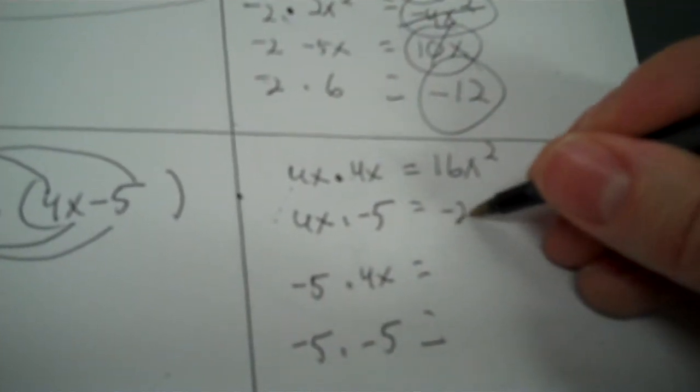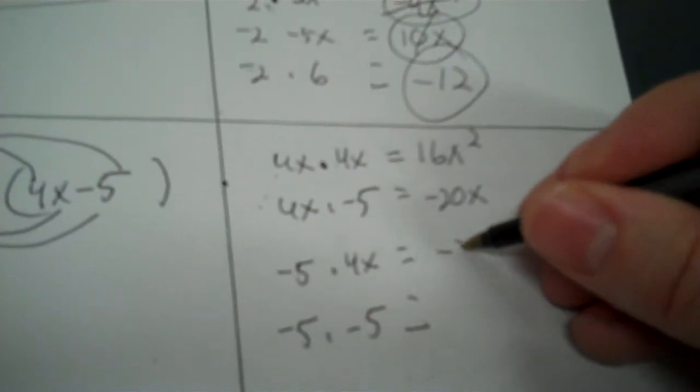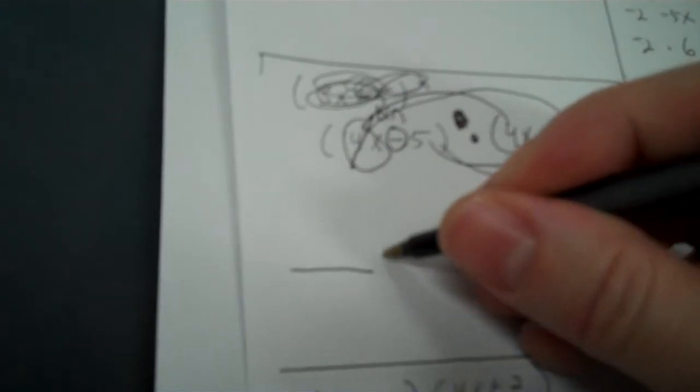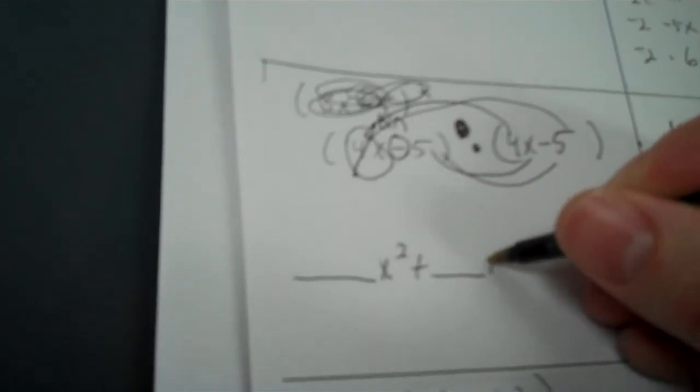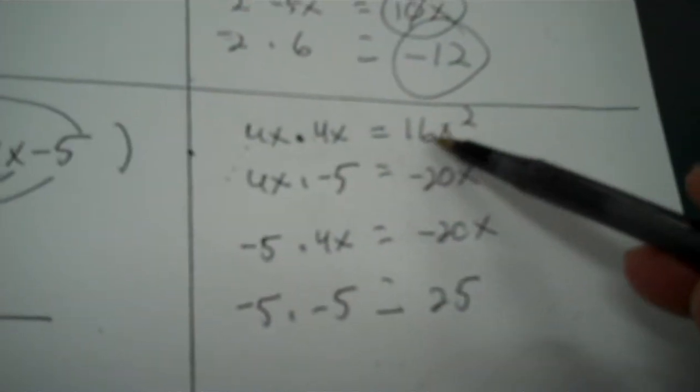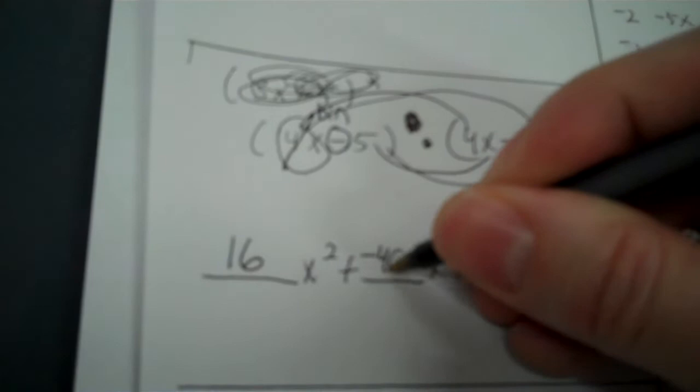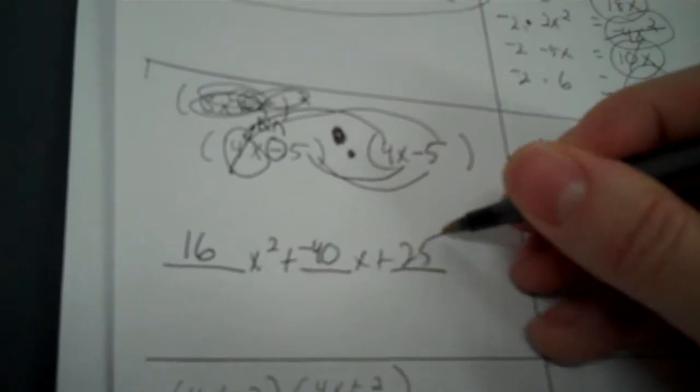It's going to be -20x. Another -20x, and then 25. Okay, so x second we have 16. X, -20, -20 adds up to -40, and then you have 25 as your constant.